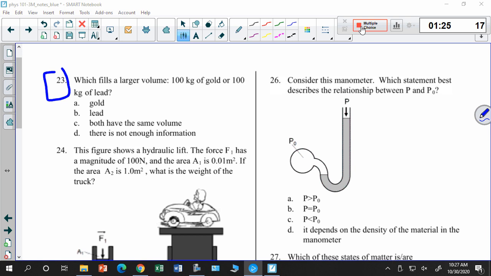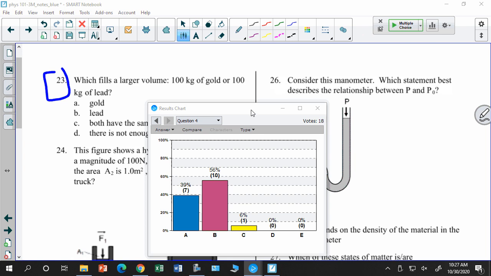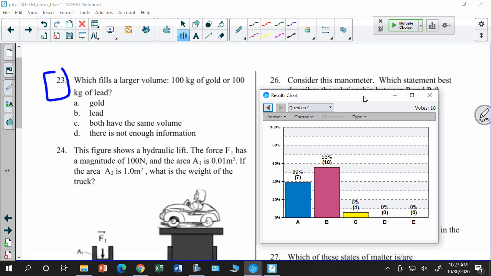All right. Okay, so which of these has the bigger density, gold or lead? Gold has a bigger density? Okay, so the density of gold, Au, is bigger than the density of lead.